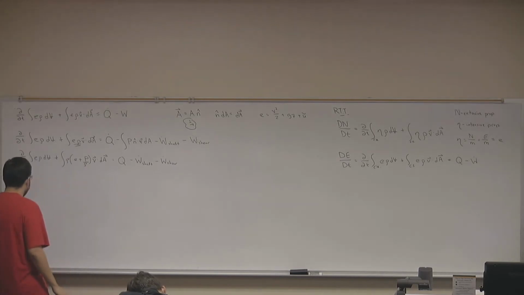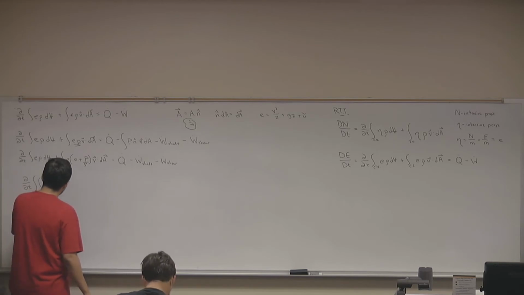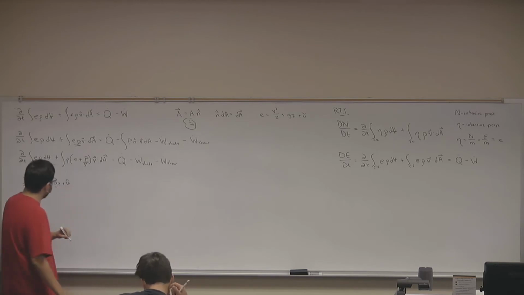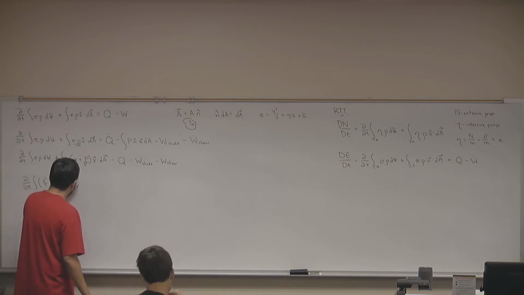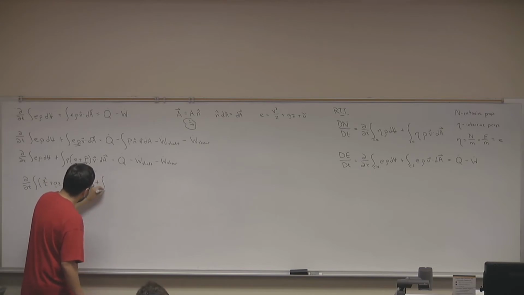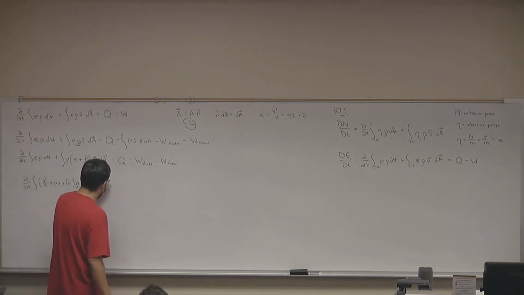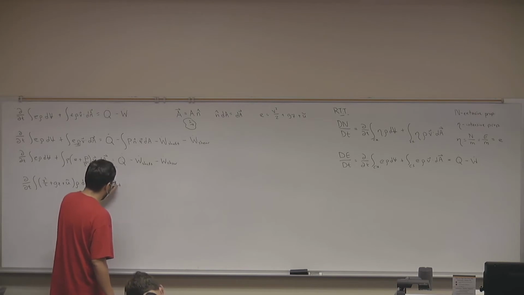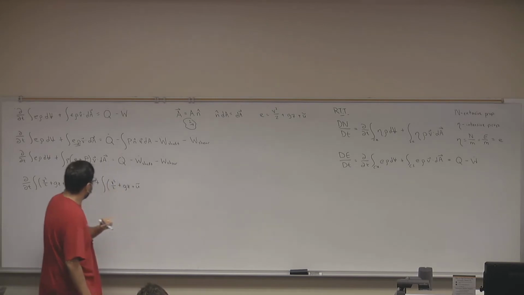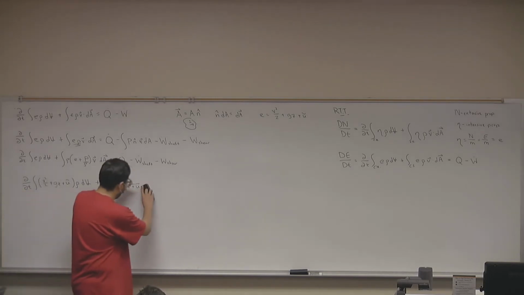So I had my change with respect to time of my specific energy, that's v squared over 2 plus gz plus specific internal energy, multiplied by density, evaluated over the control volume, plus my flux rate. I'm going to move my density to the other side just to make it a little bit easier to handle. I got my specific kinetic energy, my specific potential energy, my specific internal energy, and I have my pressure term.